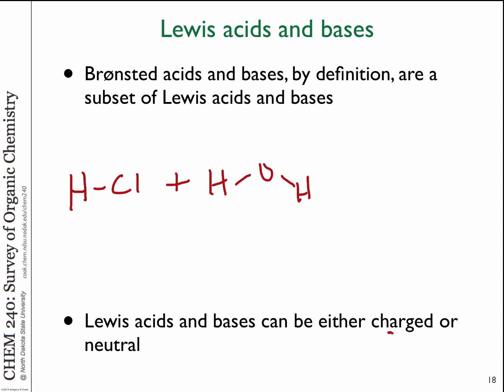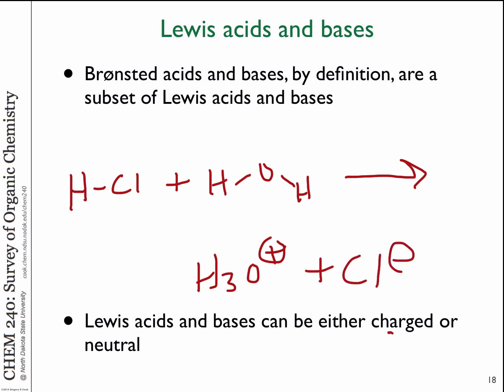In this reaction, to form hydronium ion and Cl minus, you can define HCl as the Bronsted acid, but also that proton as the electron pair acceptor, as the Lewis acid, because it's an electron pair on water in this case, which is taking that proton. The electrons flow towards the chlorine.